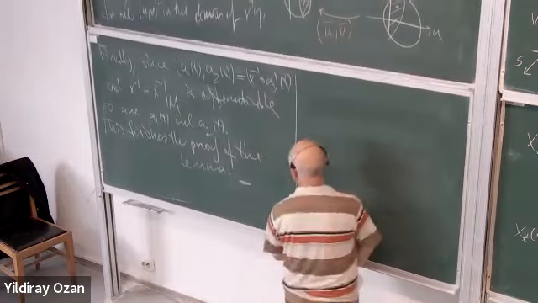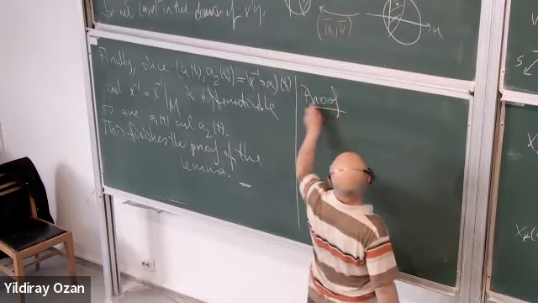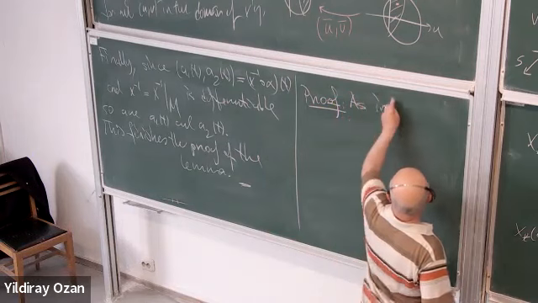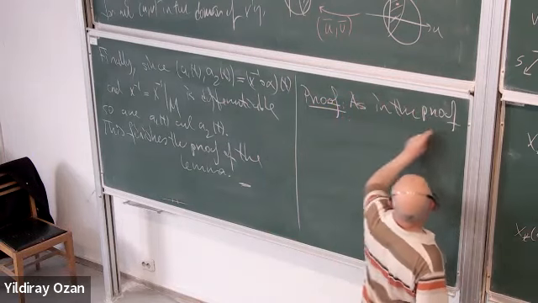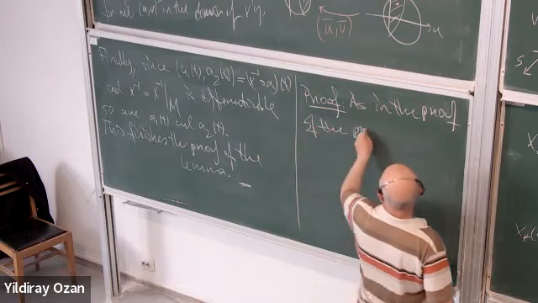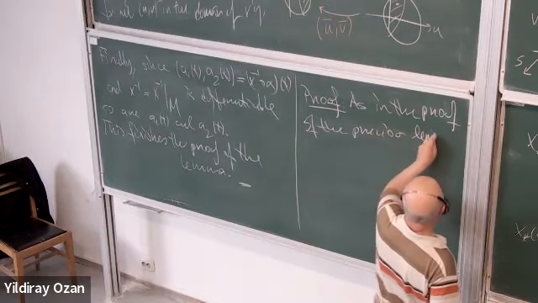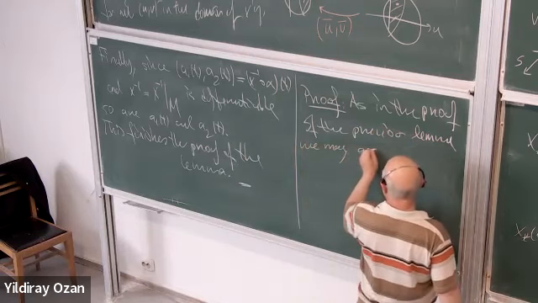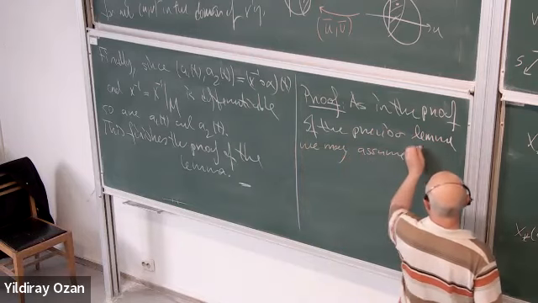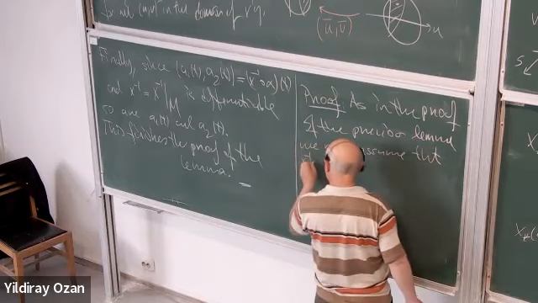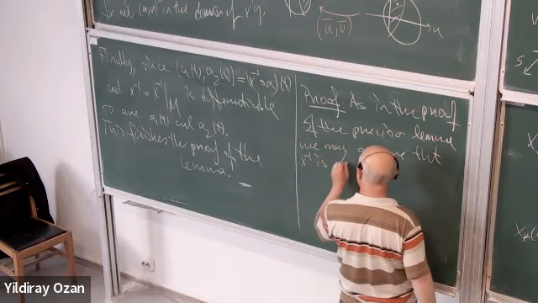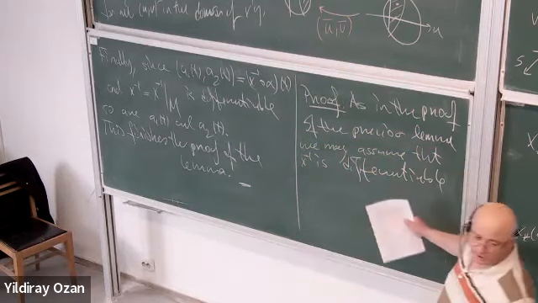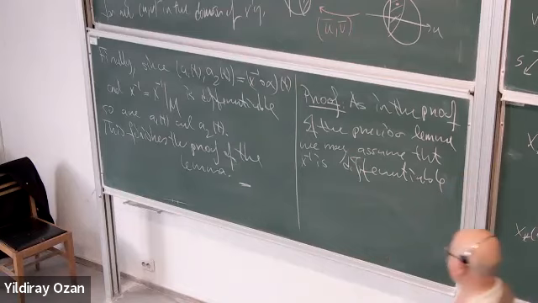So let me just write down the proof. As in the proof of the previous lemma, we may assume that x inverse is differentiable. It is the restriction of a differentiable function to the surface.